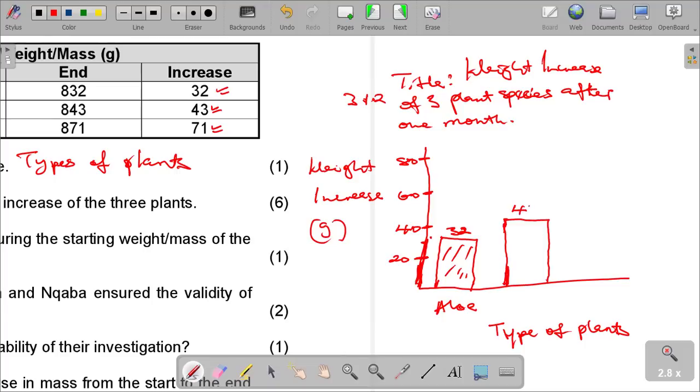This is 43, and this is 32. This is the prickly pear.